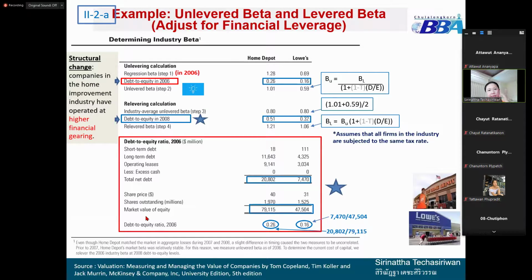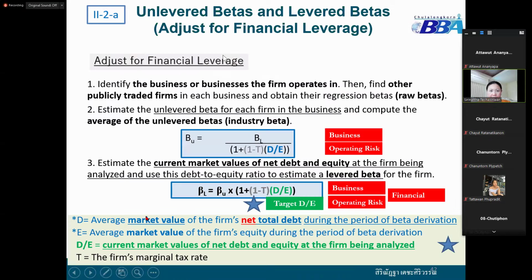So this is an example of how to estimate the beta based on a comparable company, assuming that the company has the same level of business risk and operating risk. So we look at only the difference in financial leverage. Okay, and in this example, when I say comparable firm, it can be one company, two, three, four companies.